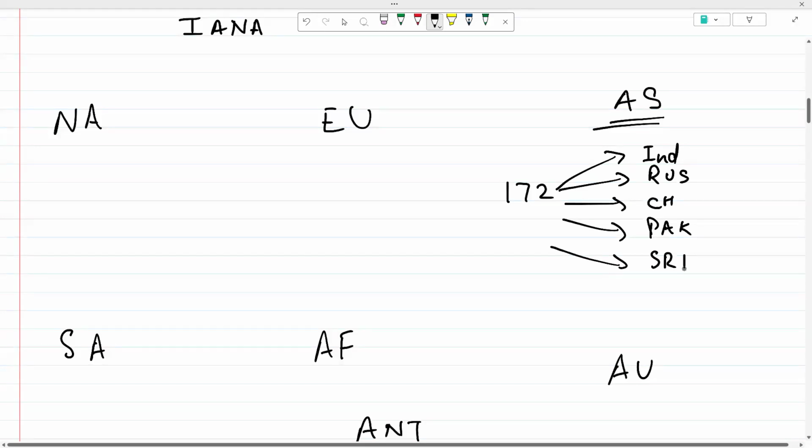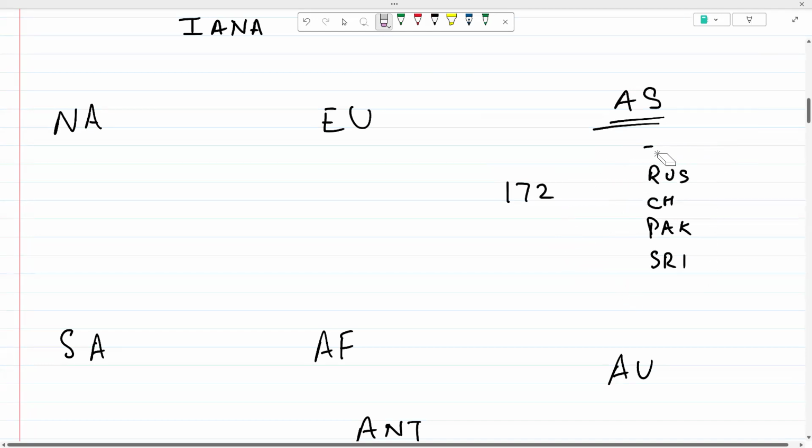All those countries will have an IP address starting with 172. So all of them share this 172 together. Please keep this in mind. Sharing means they have a common number, 172. So they said we will give the starting number 172 for all the countries in Asia.